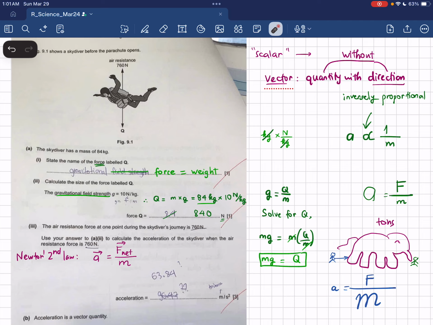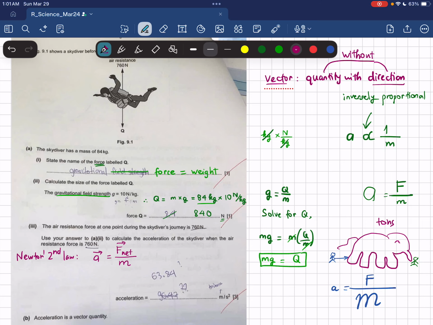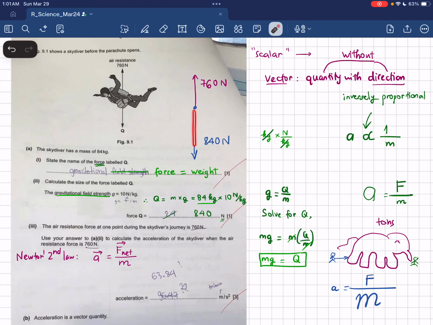So here, imagine something pushes you up with 760 Newton and something also pulls you down with 840 Newton. You can see that I tried to draw this one longer because the amount of force downward is much more compared to the upward.